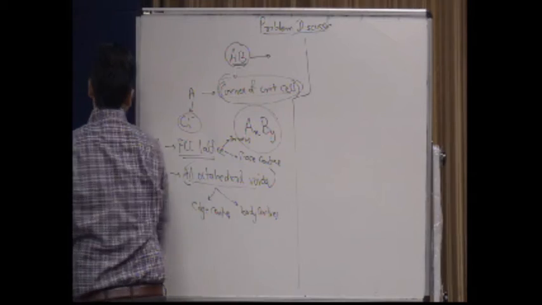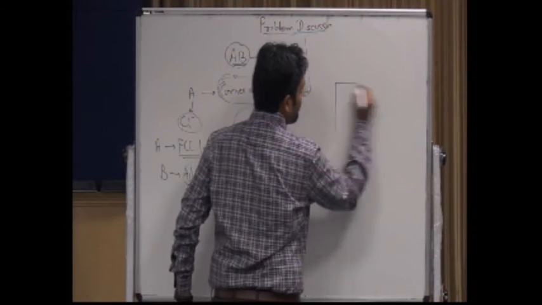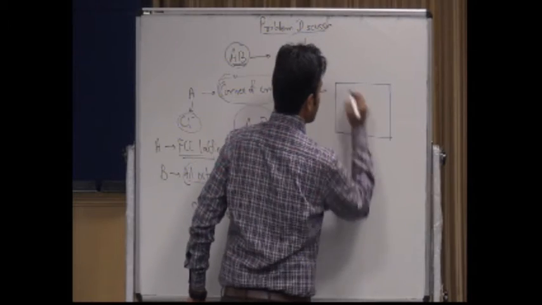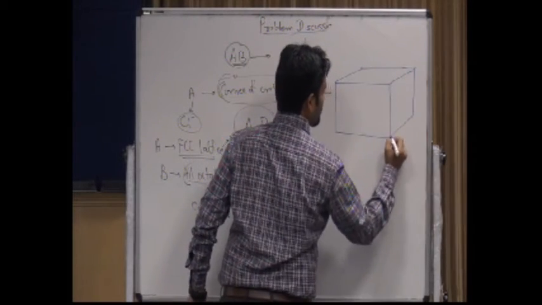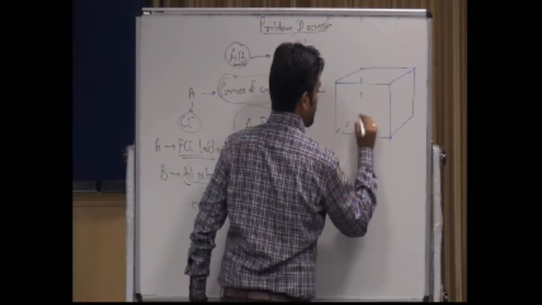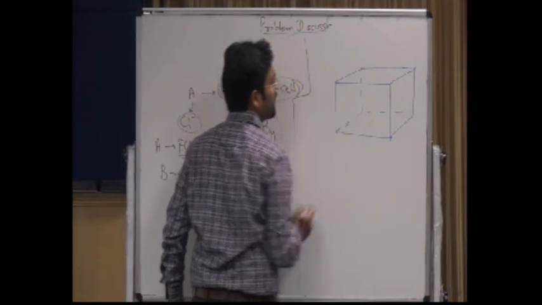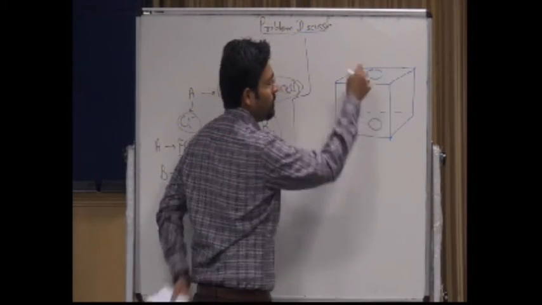The other side of it is that let's come back to the same unit cell. Right. So now you have a face center atom on the top, a face center atom at the bottom, two opposite faces.